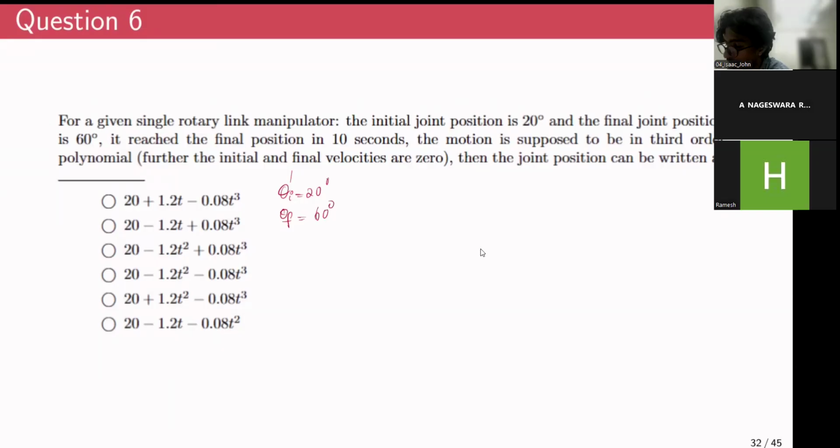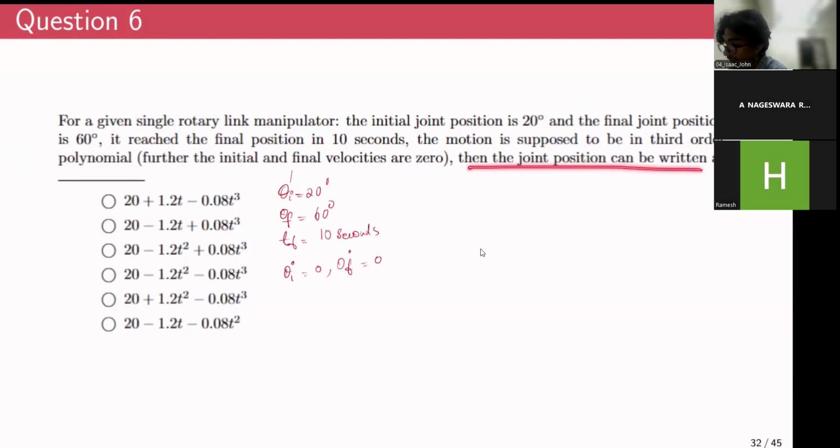And the final position is reached in 10 seconds, so TF is considered to be 10 seconds. The motion is supposed to be in third order polynomial. We can also consider the final and initial velocities to be zero, so theta I dot is zero, theta F dot is zero.